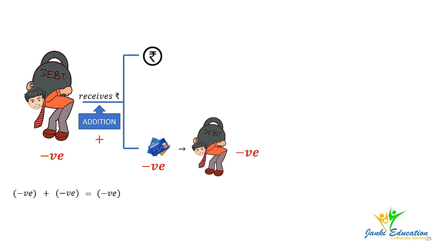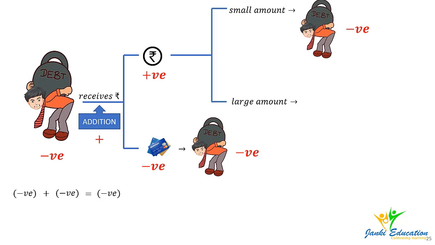Now if I receive money by earning, there are two chances. I may receive a small amount, I may receive a large amount. Like if I receive a small amount lesser than my debt, still I will be in debt only. So I will be negative.